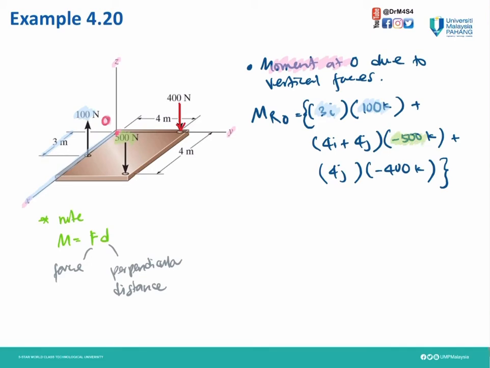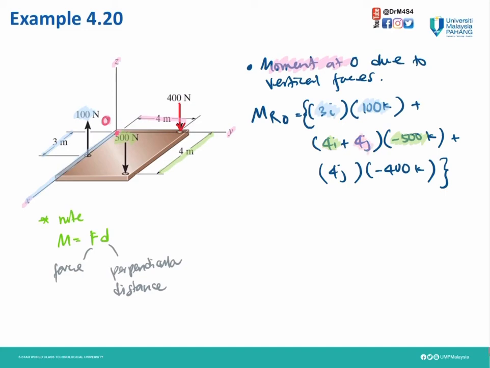This one is not sitting on any axis, therefore to go to point O, it needs to pass 4 meter on the X-axis, so 4I, then 4 meter on the Y-axis, so 4J.